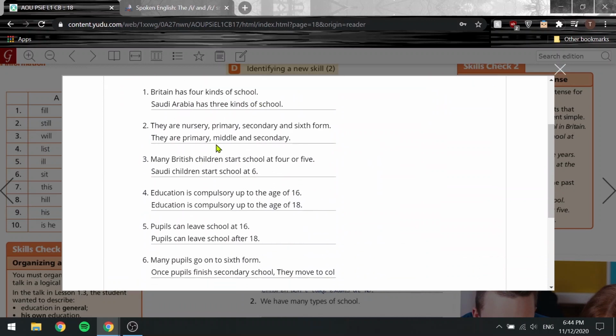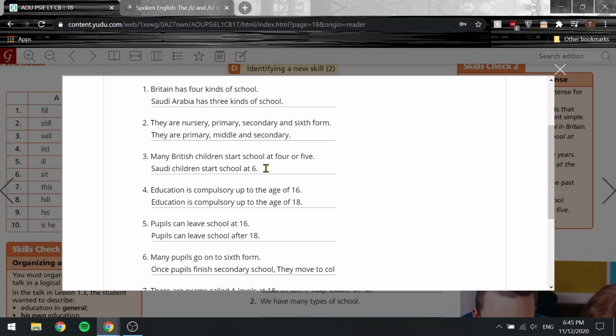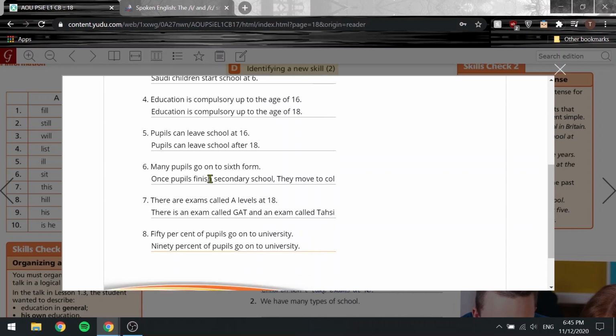They are primary, middle, and secondary. Saudi children start school at 6. Education is compulsory up to the age of 18. Pupils can leave school after 18. Once pupils finish secondary school, they move to college. There's an exam called GAT, also known as General Aptitude Test, and an exam called Tahsili. Then we have 90% of pupils go on to university.